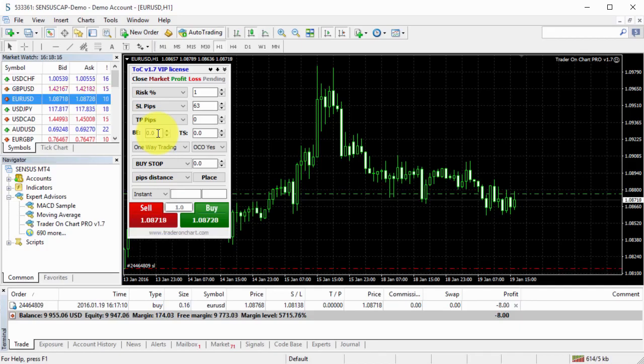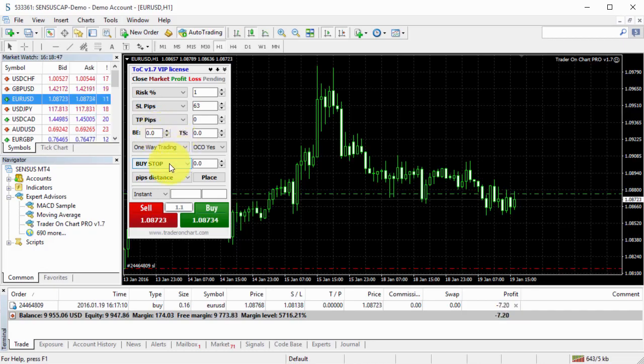So if the price reverses and gets back at you and closes your trade at break-even, then you would get your order closed in a small profit just to cover the expenses of your commissions and swap. So this is quite a good feature, and clients really love it. People love this because you don't need to figure out how many pips to add in profit and so on. The application does this for you.